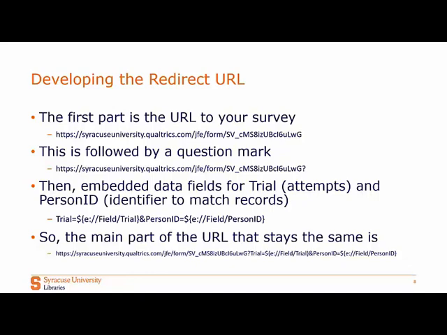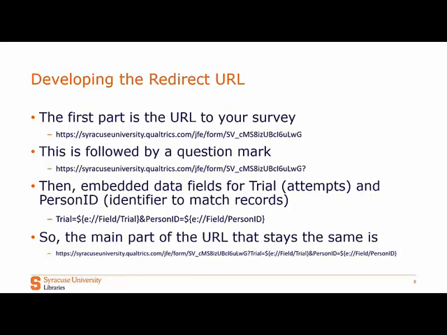All of this is followed by a question mark. You've probably seen this in other URLs before. Then the embedded data fields for trial, or number of attempts, and person ID, which is an identifier to match one record to another.